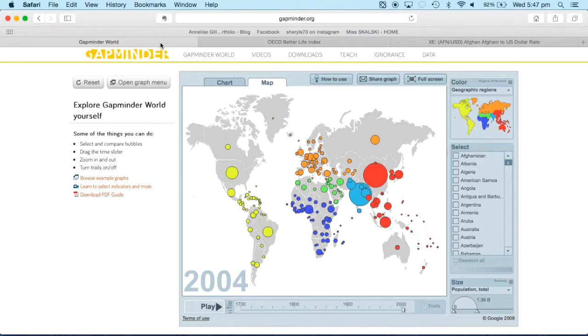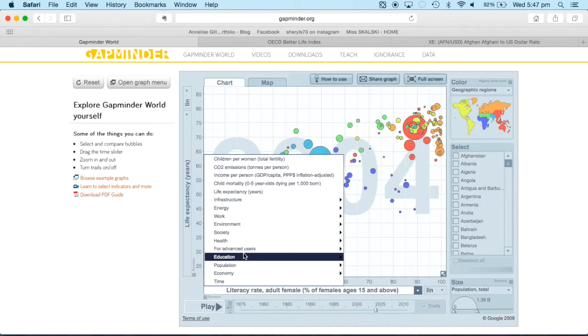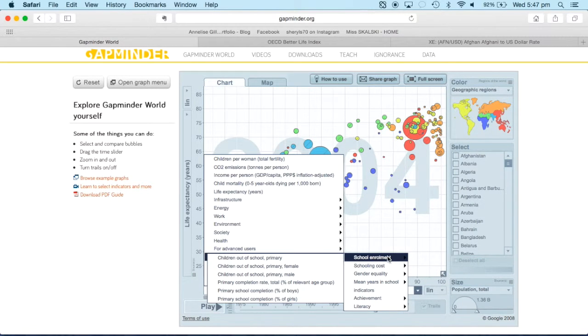So that's one way to check, using the literacy rate. We do have school enrolment. So obviously a high school enrolment indicates that a country values education.